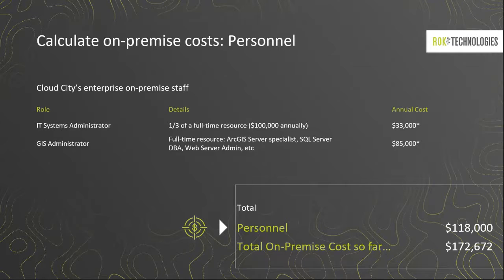So for the GIS administrator, nearly all of their time was spent on the maintenance and not the innovation. So the cost they calculated was roughly $33,000 for the IT, and then $85,000 for GIS, just to be able to run that on-premise cost.